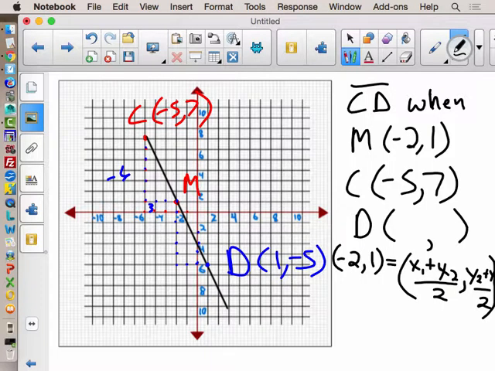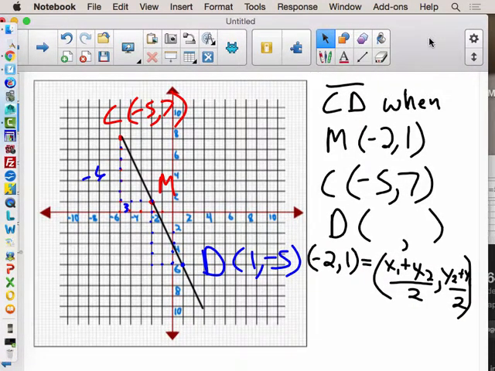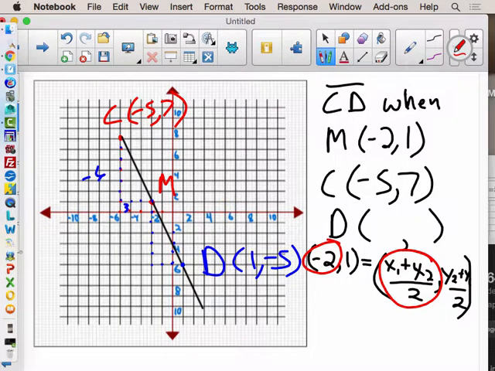Ran out a little room there. Now what that means, and I'm going to scroll down just a little bit here, is that this should equal all this stuff.